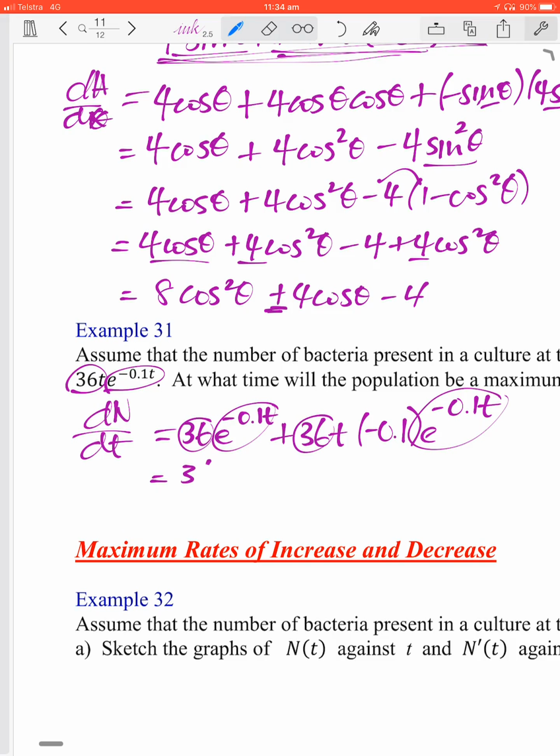So we've got 36 e to the negative 0.1t. And then in a bracket, we've taken all that out, so we've got a 1, and then negative 1 on 10 t, because 0.1 is the same as 1 on 10.